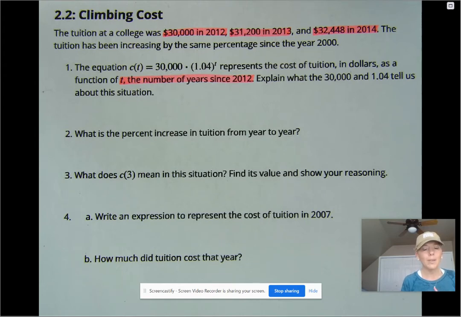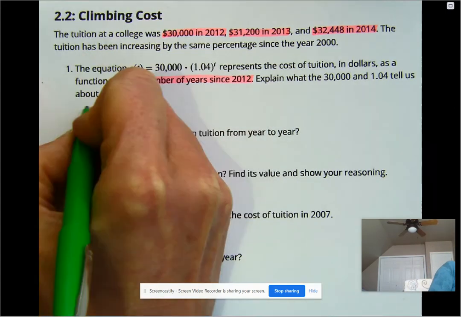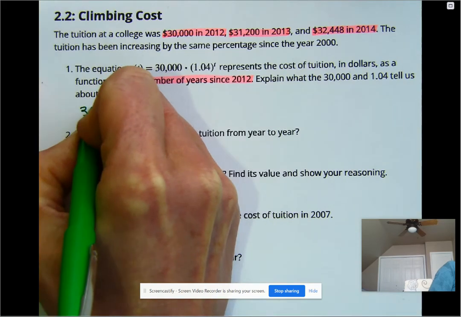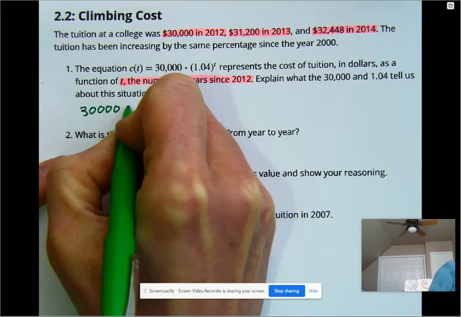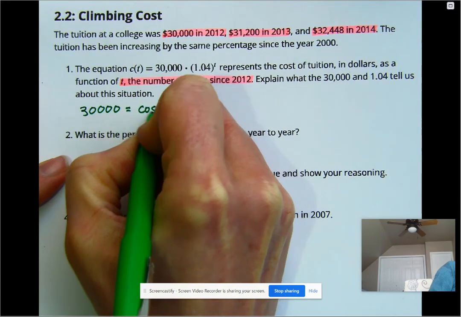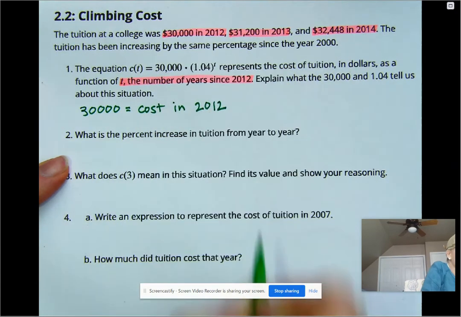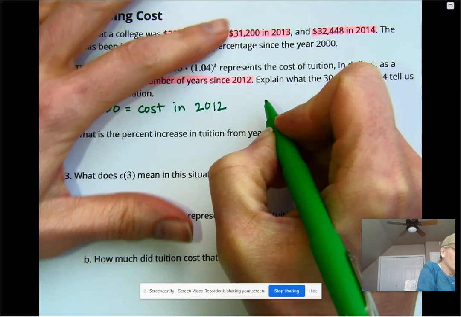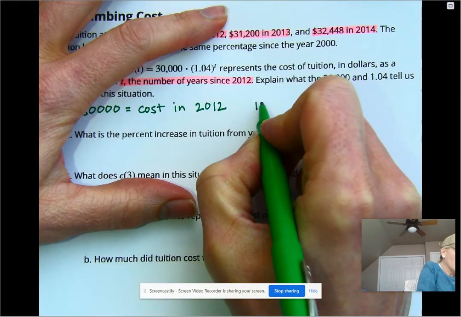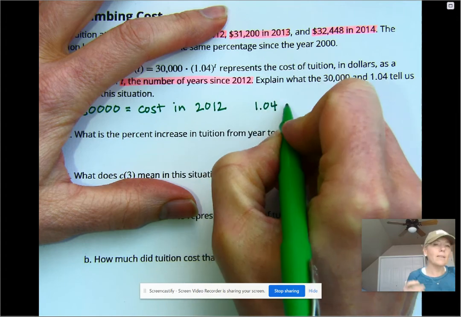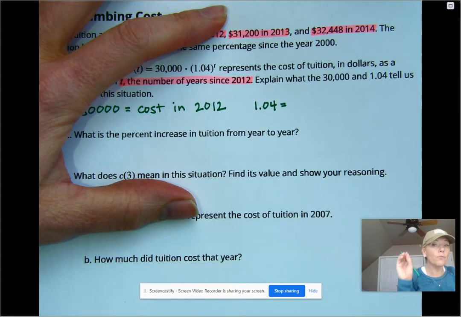So explain what the 30,000 and the 1.04 tell us about the situation. The 30,000 is the cost in 2012. And then the 1.04, well, that tells us that the cost is increasing by 4% each year, right?